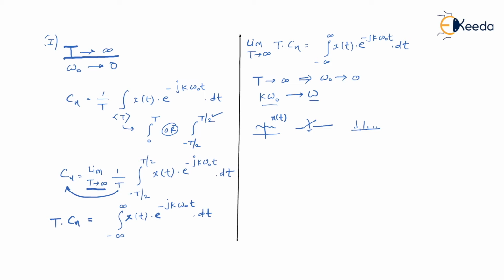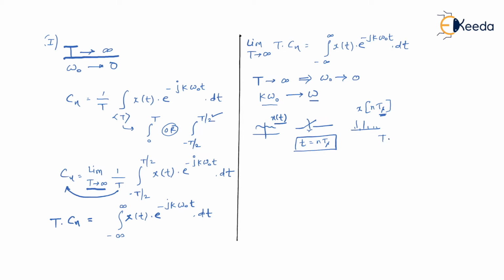But mathematically, let me remind you, what you do is you replace t equal to nTs. In that case, x of t becomes x of nTs, where Ts stands for the time spacing between two samples. I repeat, Ts stands for the time spacing between two samples.